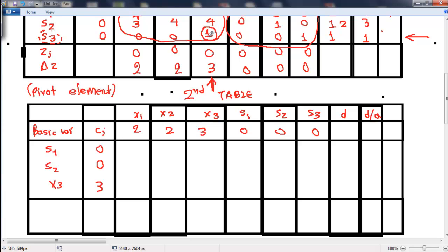If I didn't have 1, I should do some process to create 1 here, and the process has to do with the row operations that we use in the Gauss algorithm. So for now I substitute that by 0, 0, 1, 0, 0, 1.